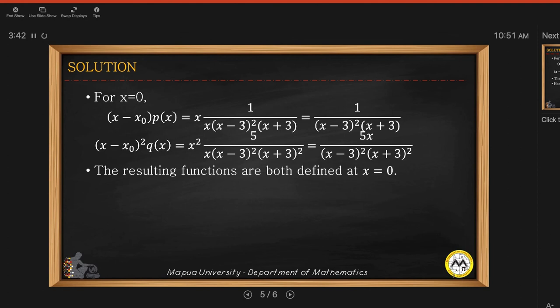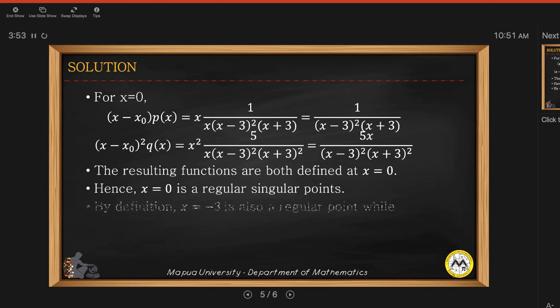So since both functions are defined at x equals 0, then x equals 0 must be a regular singular point. Now, by definition, we can see that x equals negative 3 is also a regular singular point, but x equals 3 is an irregular point.